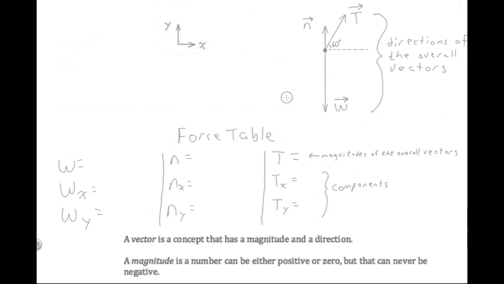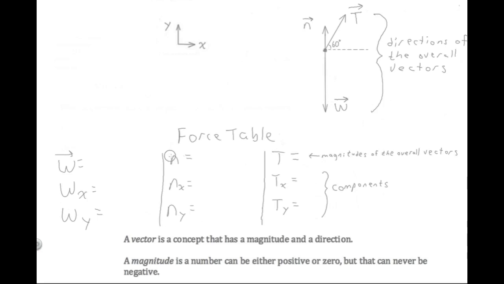Make sure that you use the exact right symbols in each part of the force table. Do you see why these are the exact right symbols for the magnitudes of the overall vectors in the first row? We would not want to use this symbol, or this symbol, or this symbol in the first row, because these are the symbols for the complete vectors, including a direction.